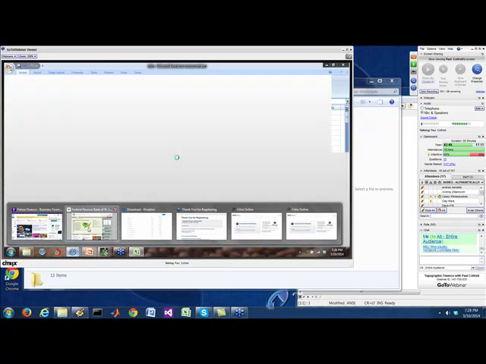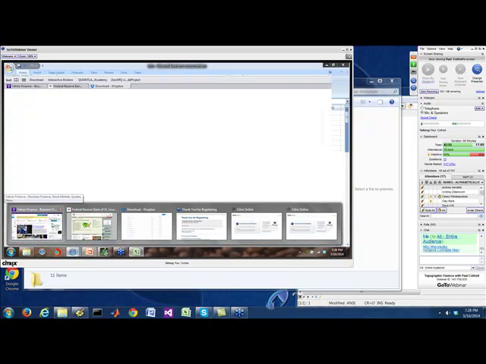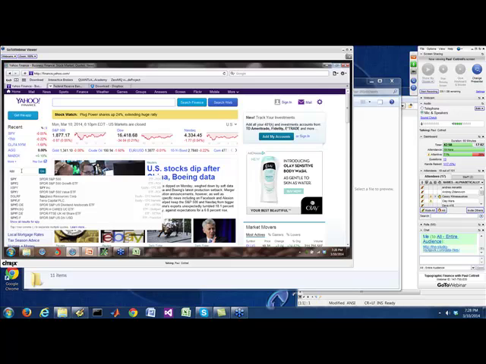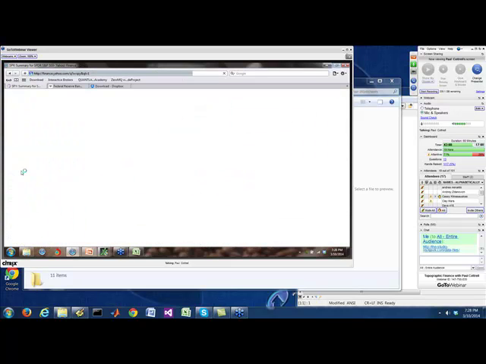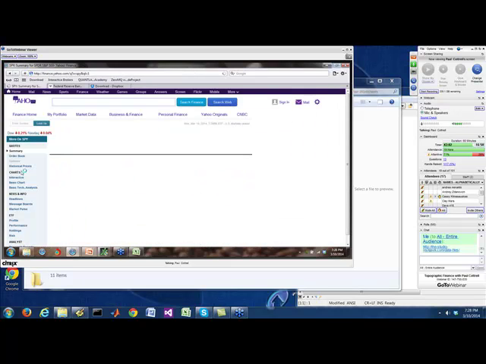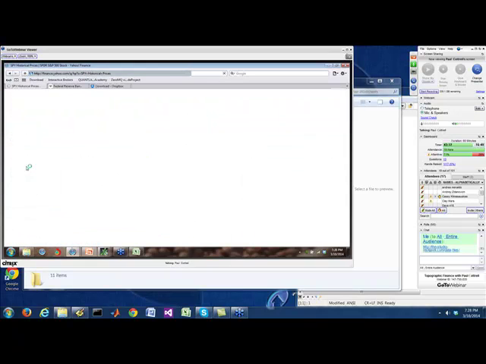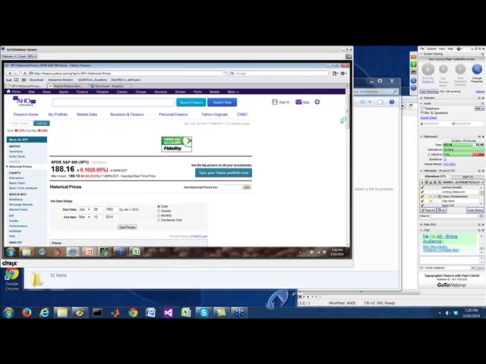You could go to wherever you want. If you didn't subscribe to my data feed, you could easily just go to Yahoo, type in SPY, or however you get your data, and take a look at the historical prices. I'm just trying to show how you can build up a matrix without subscribing to a data provider.